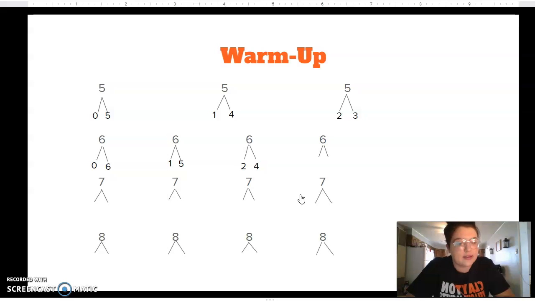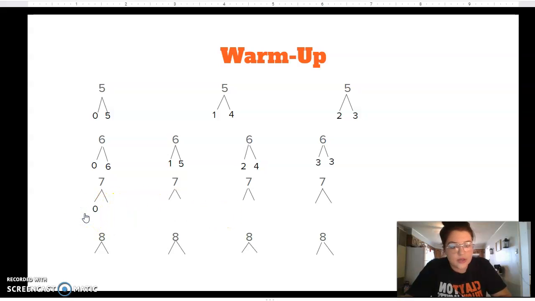You guys can be thinking of some of these on your own as I go over them, okay? So we've used 0, 1, 2. Let's use 3. 3 plus what equals 6, guys? 3. Good job. Okay, moving on to the number 7.